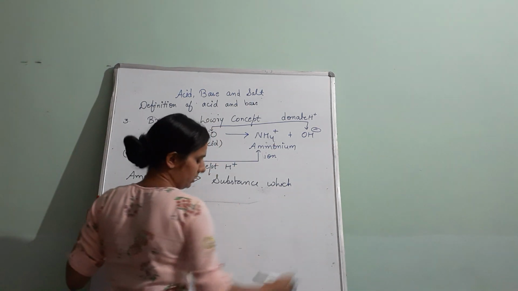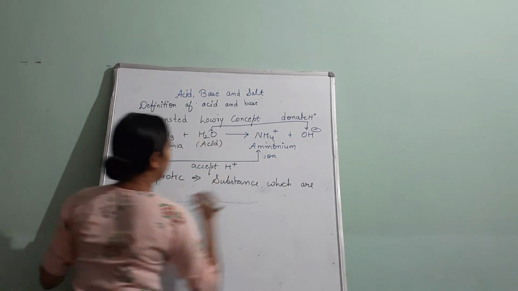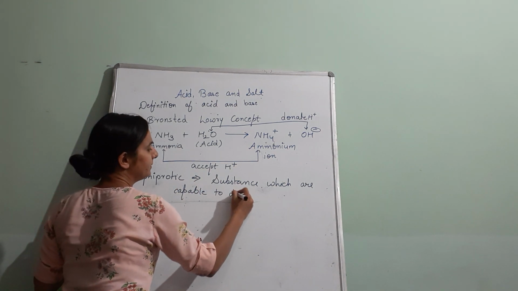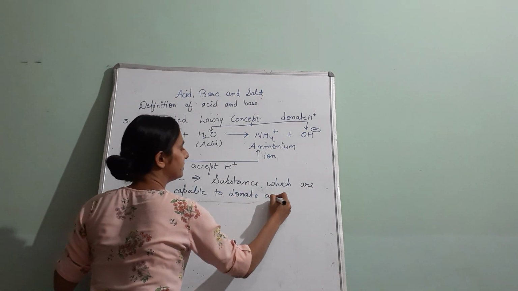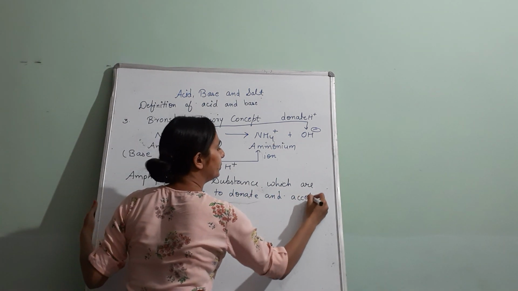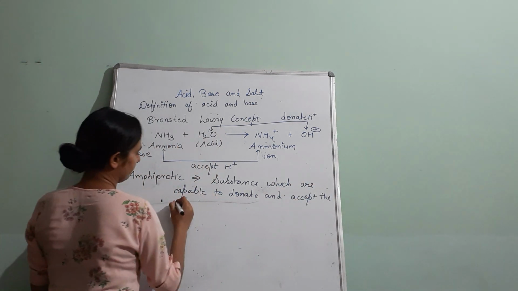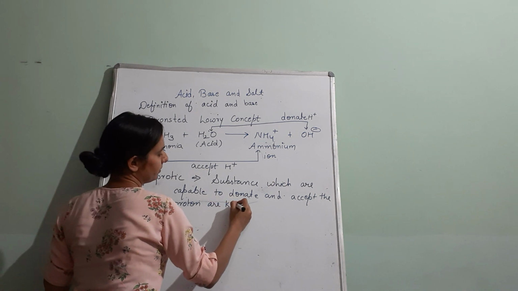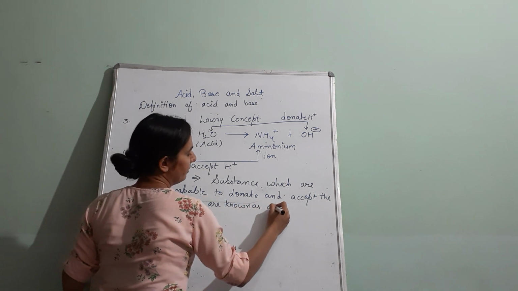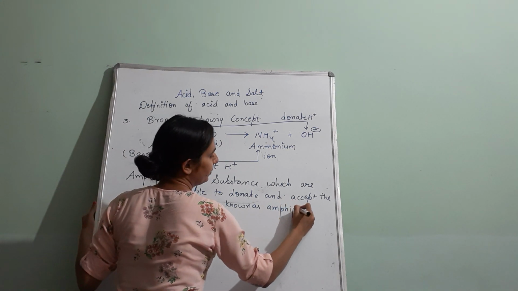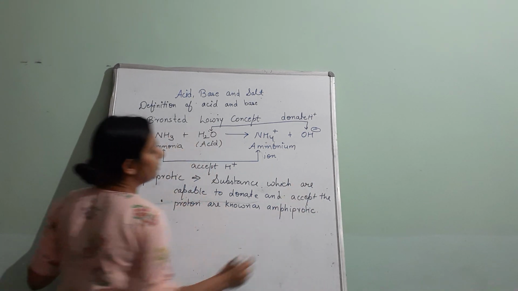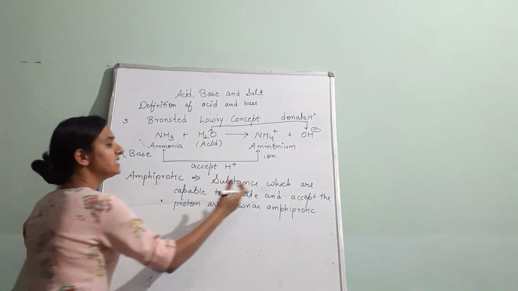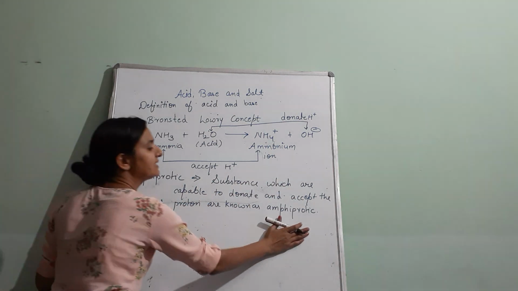Substances which are capable of donating and accepting the proton are known as amphiprotic compounds. Here, compounds which are capable to donate as well as accept the proton are known as amphiprotic.